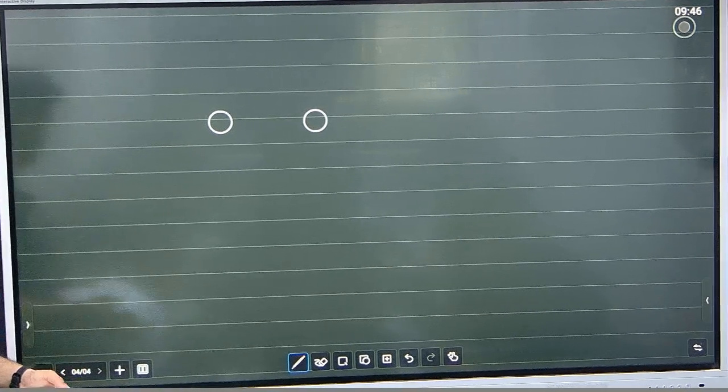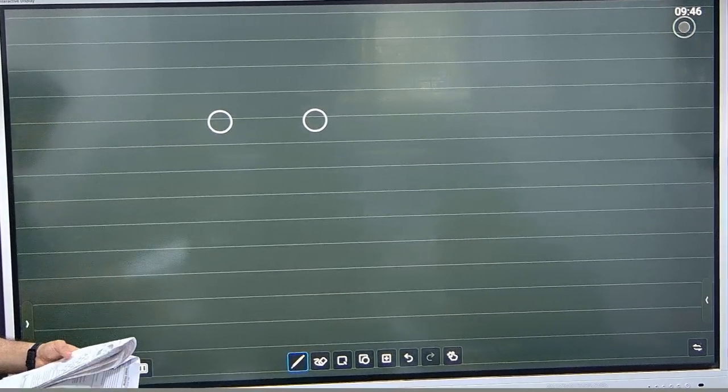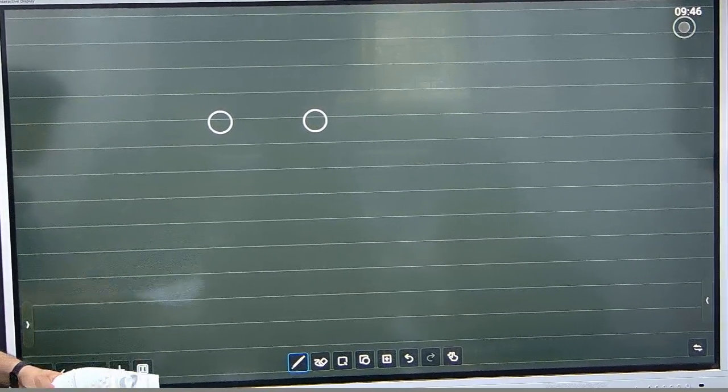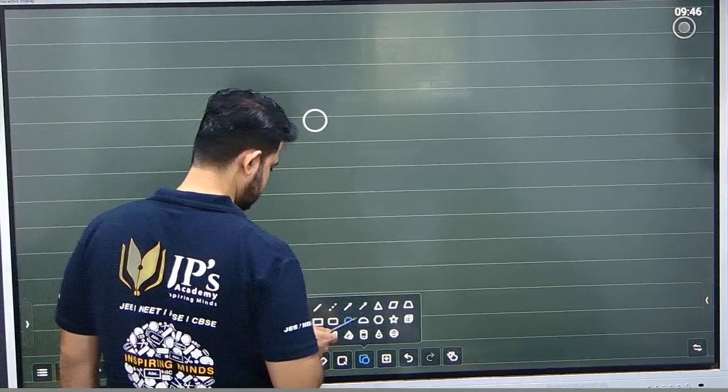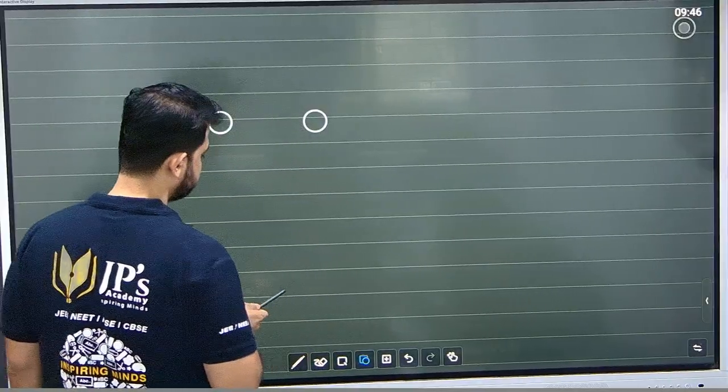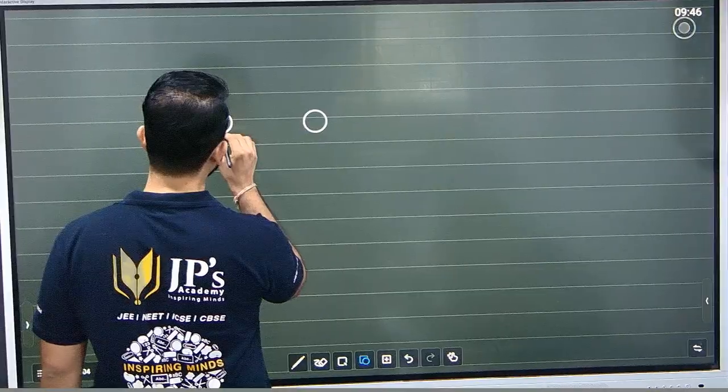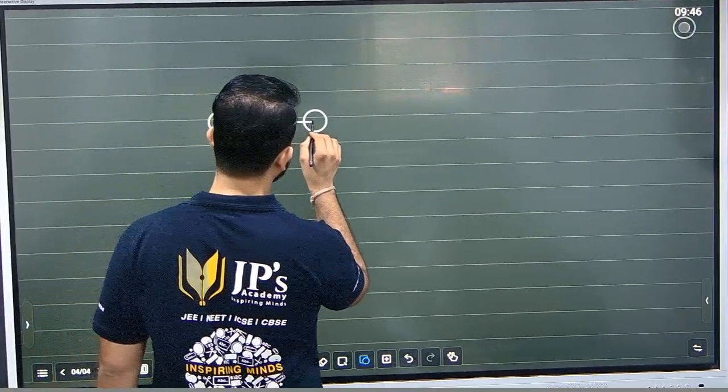Full stop. Hence, most of the atom is void space.